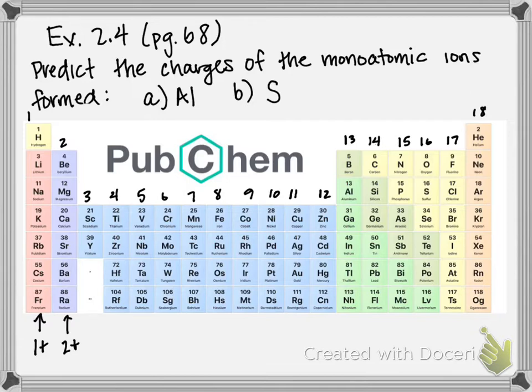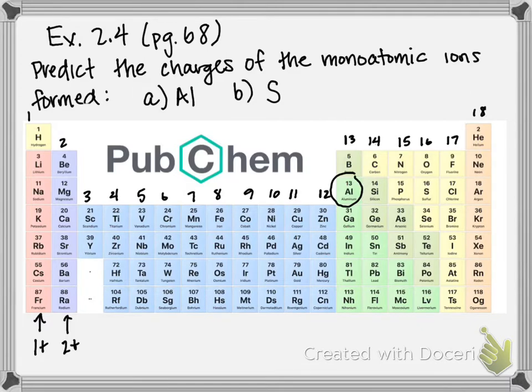If we keep going to the right, Group 13, or sometimes 3A, depending on what periodic table you're looking at, really the only element that can form a predictable ion charge is aluminum.